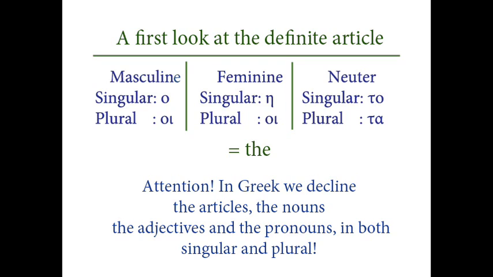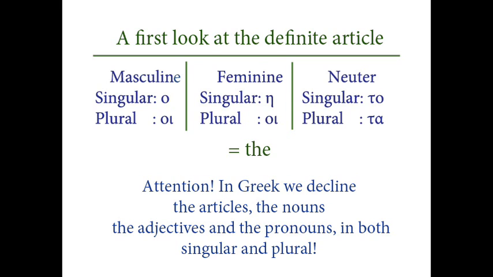For now, just keep in mind that there are 4 different cases: nominative, genitive, accusative, and vocative. The article does not have a vocative, but it has the other 3 cases, a plural and 3 genders. Now, just forget all that and keep in mind that the forms ο, η, το, οι, τα are the nominatives of the article.